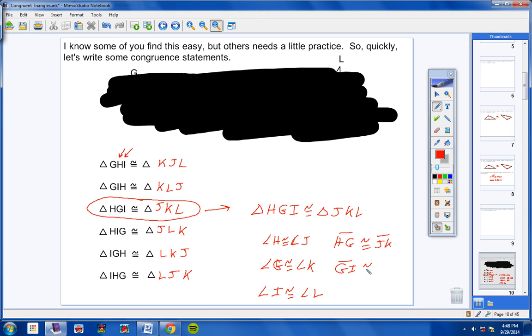GI is congruent to KL. Last 2 letters, last 2 letters, without even looking at the picture. And then lastly, your first letter H and your last letter I, HI, would correspond with JL. So without even looking at the triangles, you know that HI is congruent to JL.